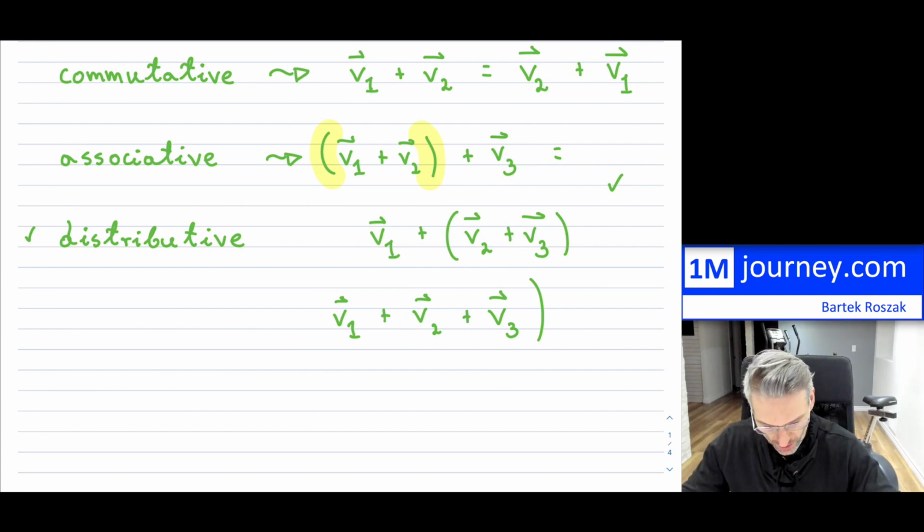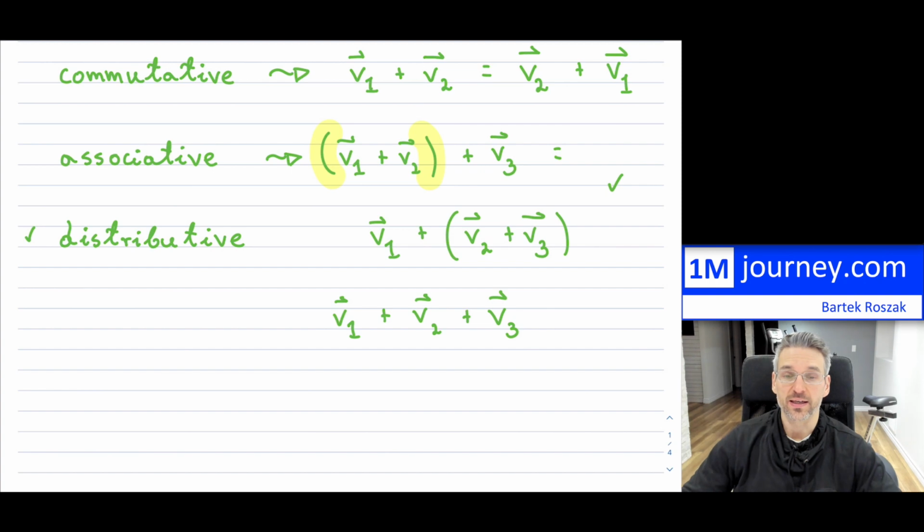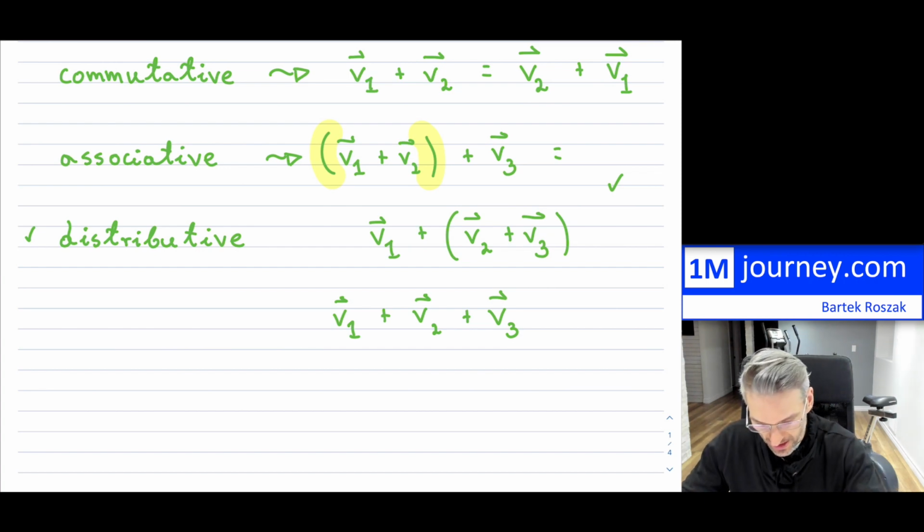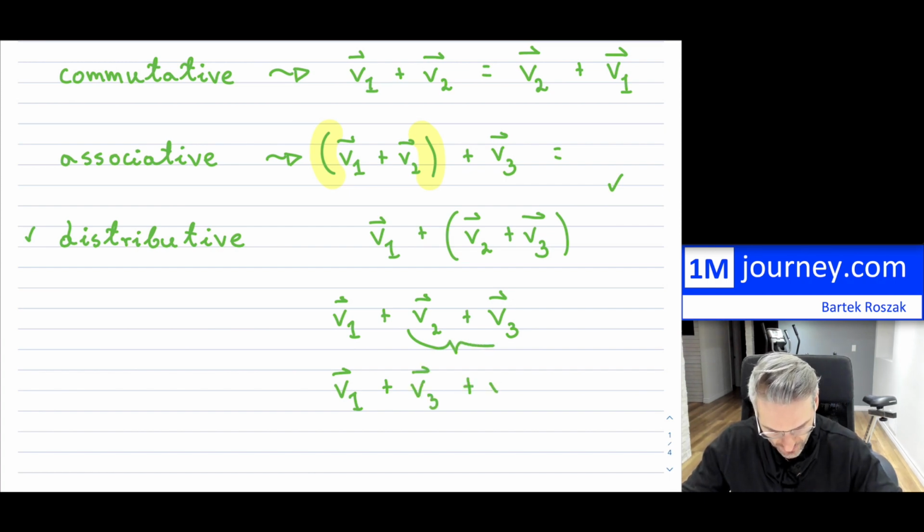Now, the other part, which is really cool, is sometimes you will find that you can combine the commutative property with the associative property. What I mean by that is you can actually swap these. So for instance, if you don't want to be adding V1 to V2, you can swap these two by using the commutative property, which will give you V3 plus V2.